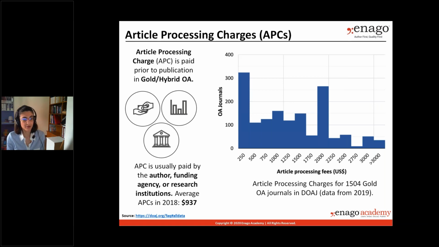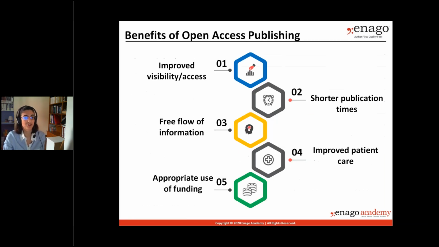These are paid by the author, the funding agency, the research institution, etc. So the average, for example, in 2018 was around $937. But of course, as I mentioned, this can range considerably, and as you can see in this graph here, it can be even over $3,000 for one publication.